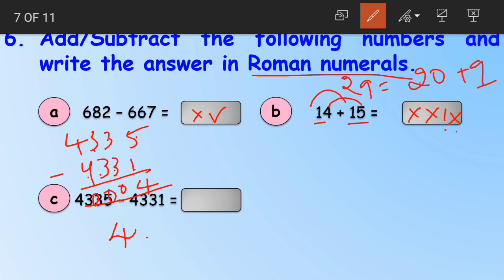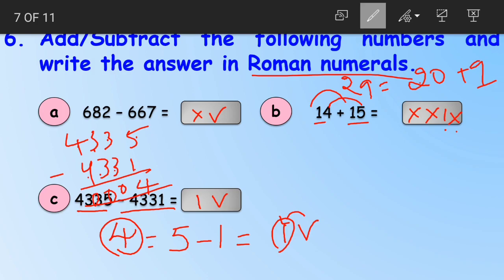Now how do we write 4 in Roman numerals? We write it as 5 minus 1, which is IV. As we are subtracting I, we should write I to the left side of V. So 4335 minus 4331 is equal to 4, which is equal to IV.